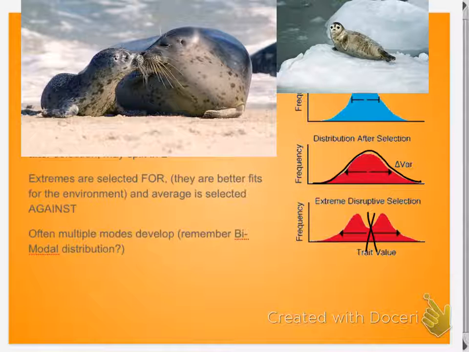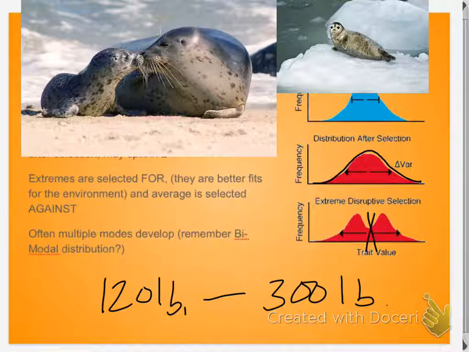It's a pretty small range considering the scale there. Adult male harbor seals can go anywhere from 120 pounds to 300 pounds. That's a crazy range. That's a lot. So, the biggest adult male harbor seals are more than twice the weight of the smallest.